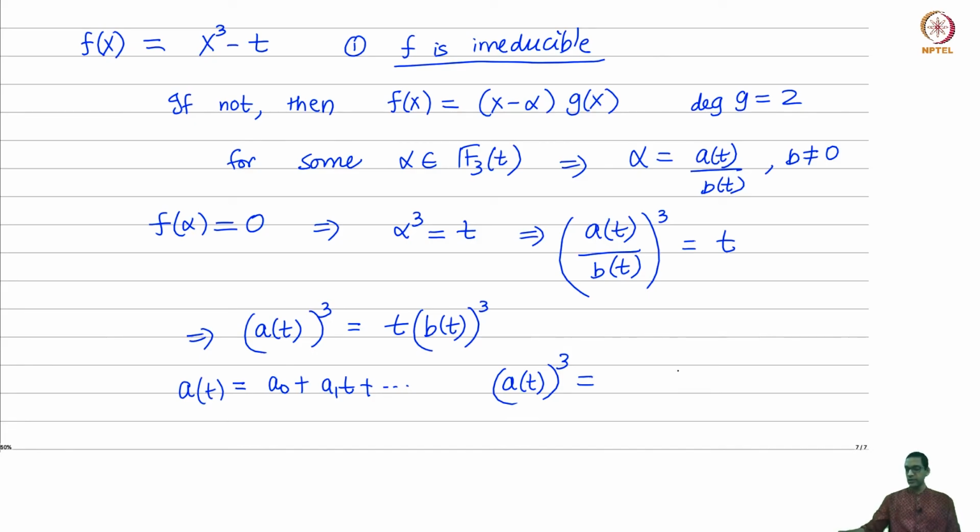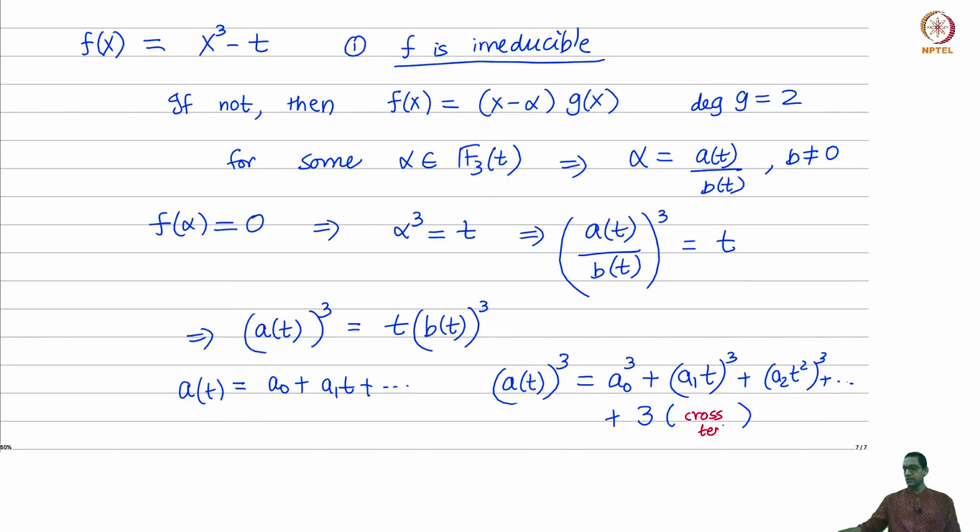So a(t) cubed is just going to give you a0 cubed plus (a1 t) cubed plus (a2 t squared) cubed and so on. And then there will also be lots of cross terms, right? So when you do this expansion, you're also going to get 3 a0 squared a1 t plus 3 a0 something and so on. But all the cross terms are going to look like 3 times something.